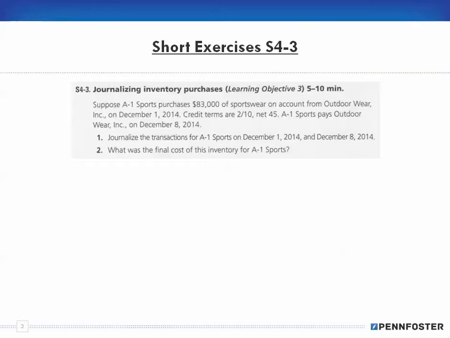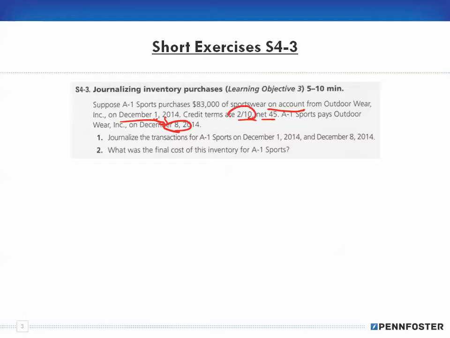4-3, generalized inventory purchases. Suppose A1 Sports purchases 83,000 of sportswear on account on December 1st. Credit terms are 2/10, net 45, and A1 Sports pays Outdoor Wear on December 8th, so that's 7 days.